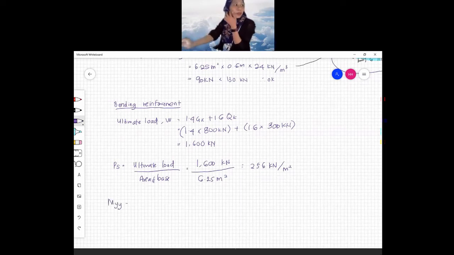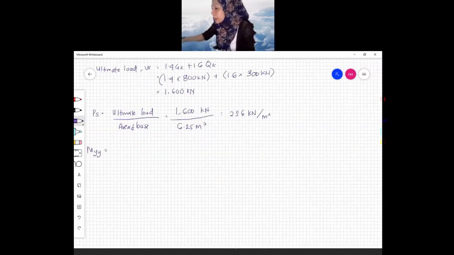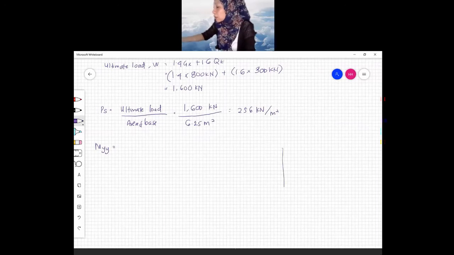So moment here, we're not going to use the previous formula, WL square over 8. Dalam foundation kita tak kira begitu. Kita kira MYY. So MYY ni adalah moment dekat YY. YY ni kat mana? It is actually here.